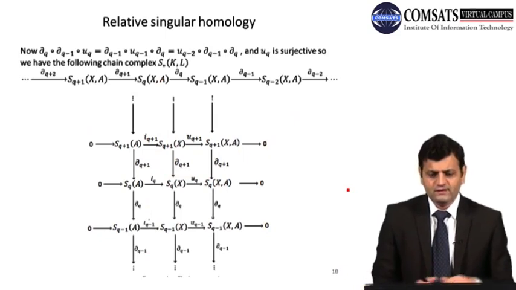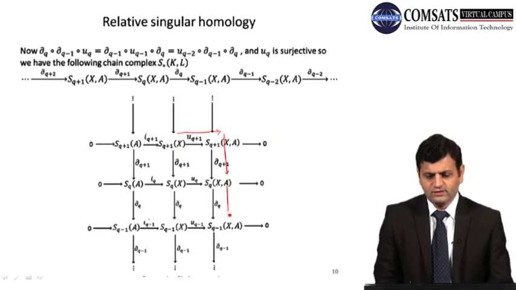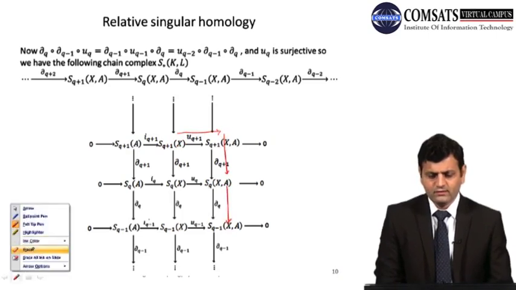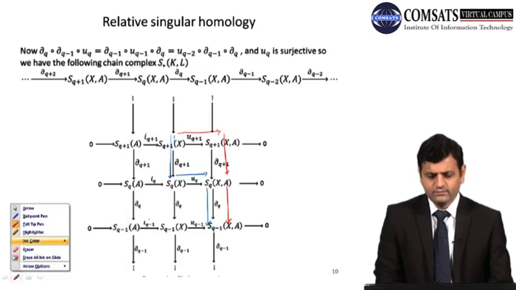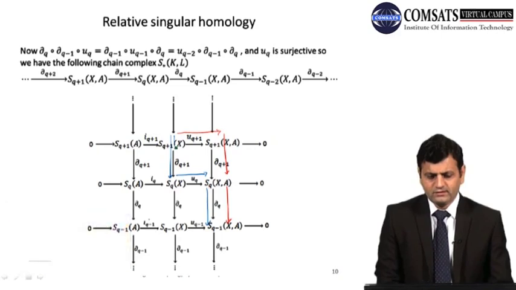Now we can see that if I start from an element of S(q+1)X, in other words a (q+1)-chain of X, go this way, this way and this way, or I can start at the same point and go this way, this way and this way, or I can start from this point and go like this, like this and like this.